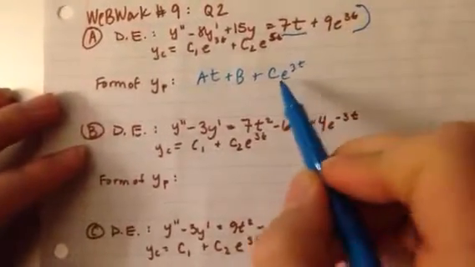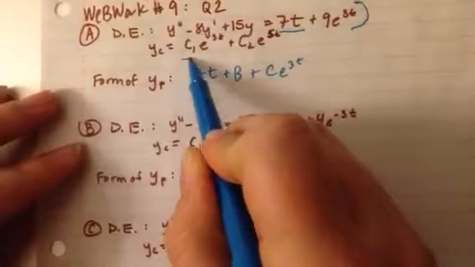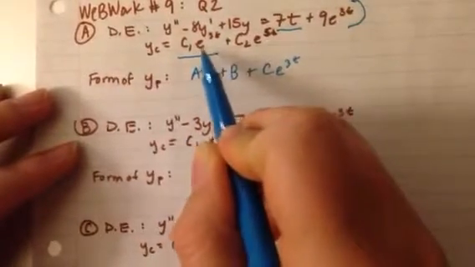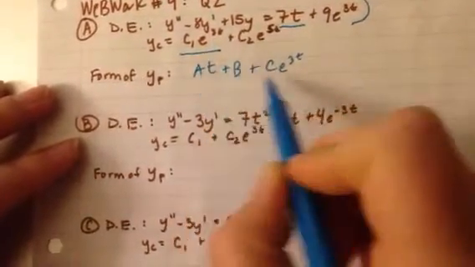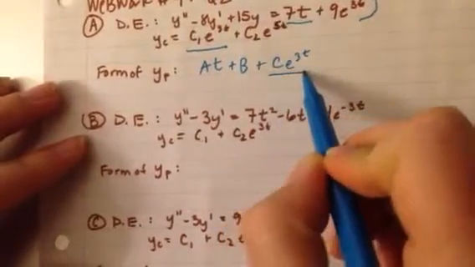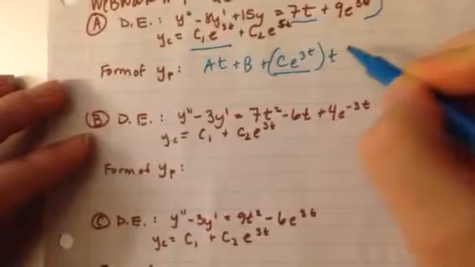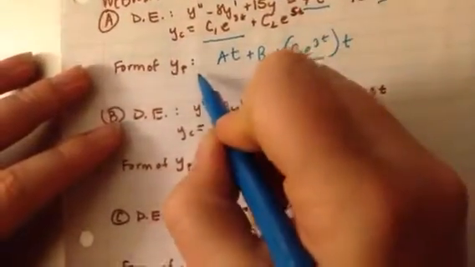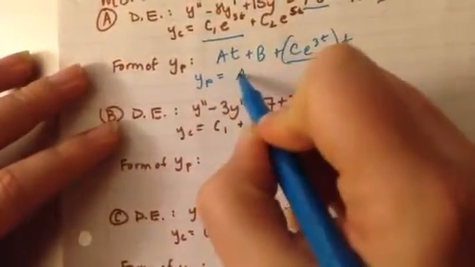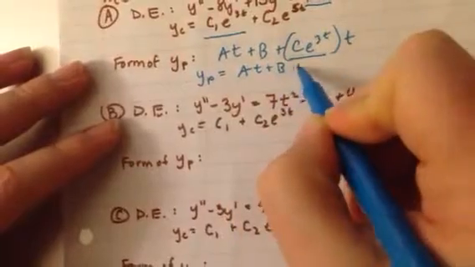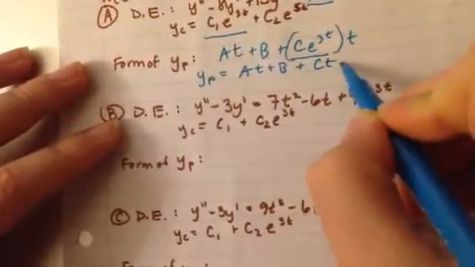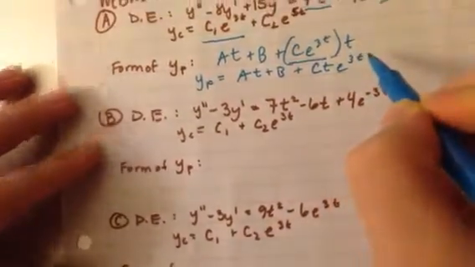But when we look at this, we already have a constant times e to the 3t in our yc, so we need to change this so we have a new term there. So we're just going to multiply that one term by t. So our yp is going to end up as at plus b plus ct, times e raised to the 3t power.